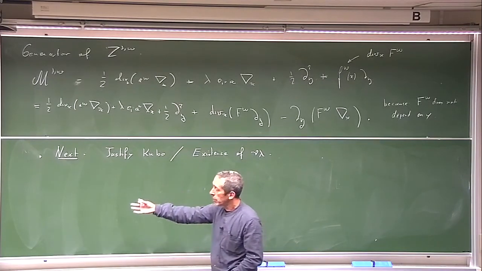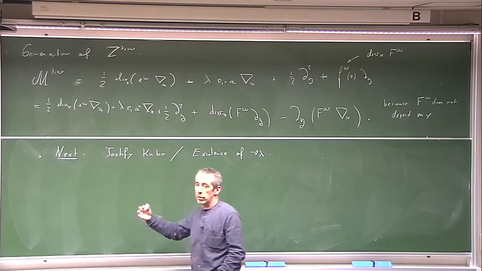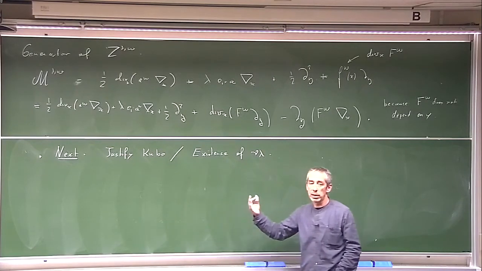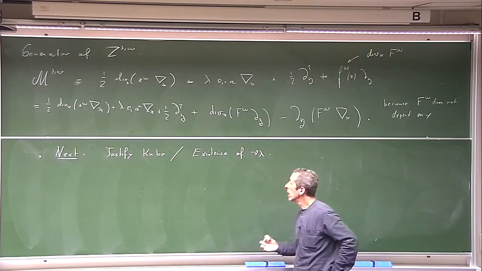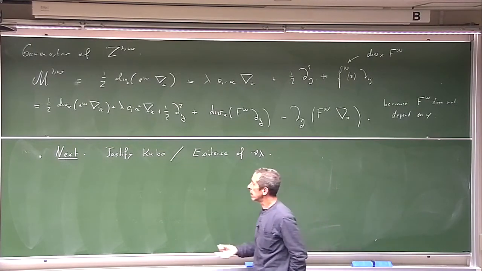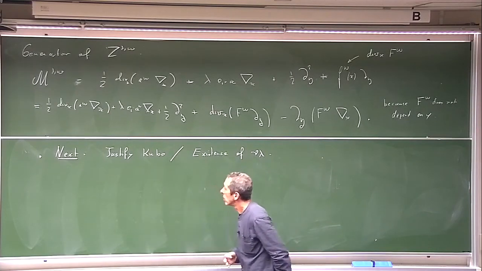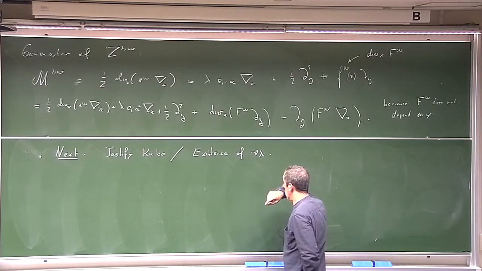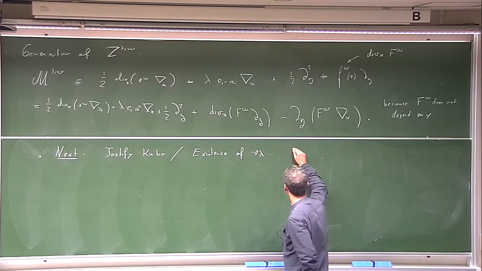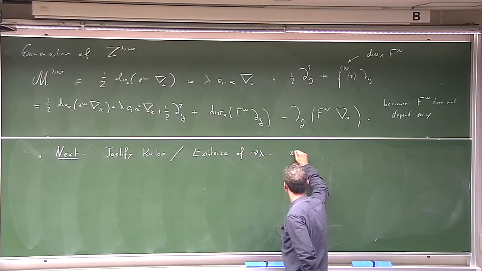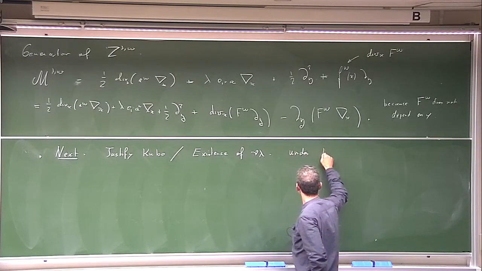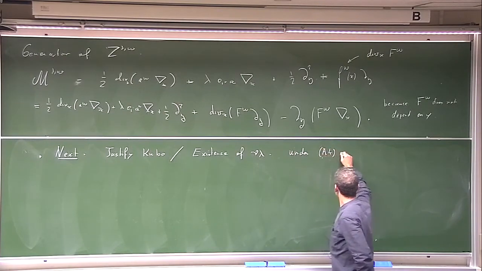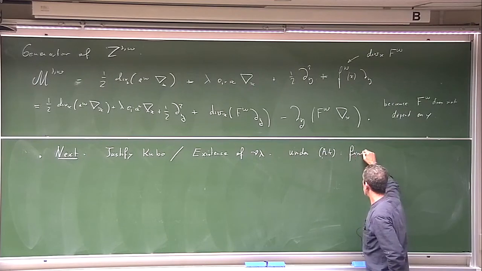The statement of the previous theorem was in the case of a quite arbitrary, uniformly elliptic random environment. But the existence of nu lambda, and in particular the justification of Kubo's relation, we only know how to do under assumption 4, A4, which was about the finite range of correlation.